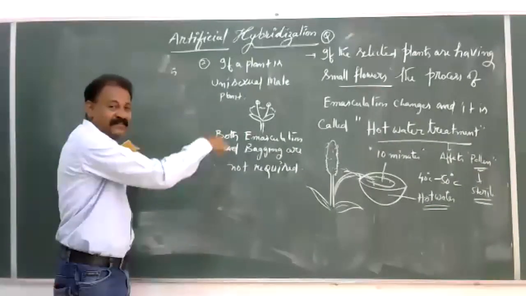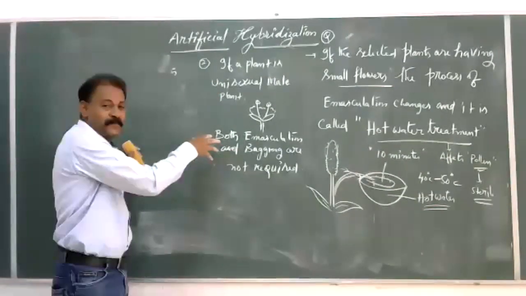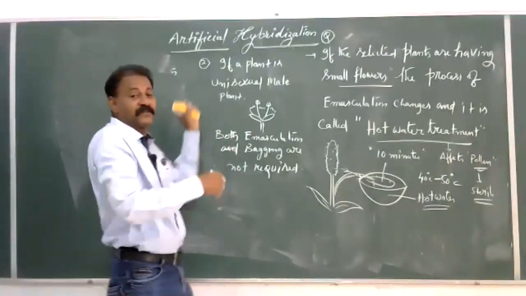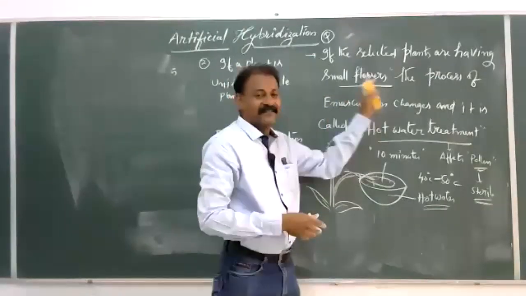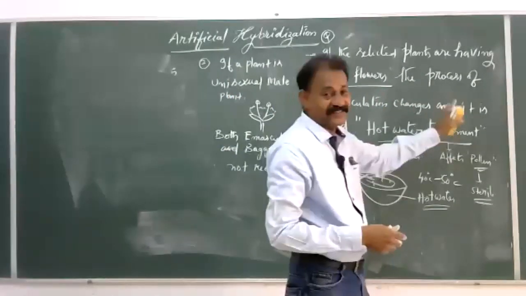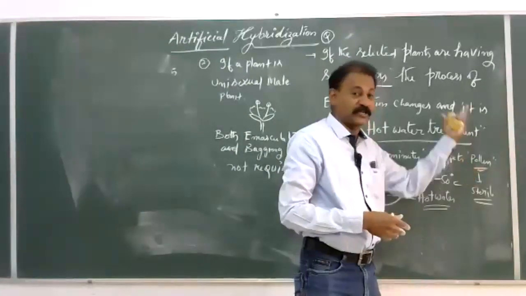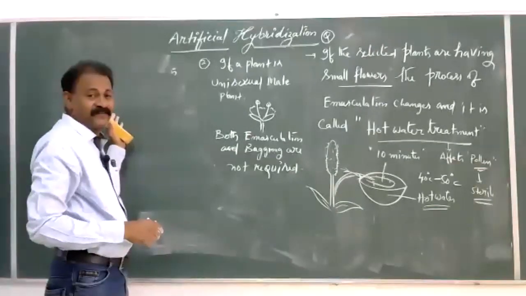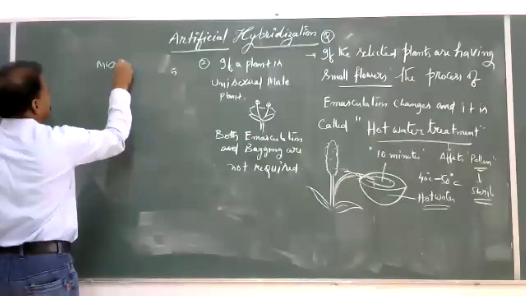Inside the anther wall, what are the layers? Inside, sporogenous tissue or microsporangium, pollen sac, pollen chamber. Sporogenous tissue becomes pollen mother cells. After that, they undergo meiosis, followed by mitosis. Finally, a pollen grain with two male gametes is produced, which is called the male gametophyte. This is called microsporogenesis.